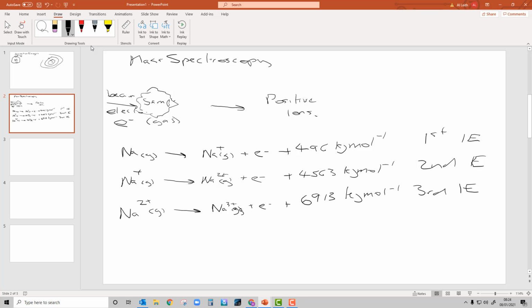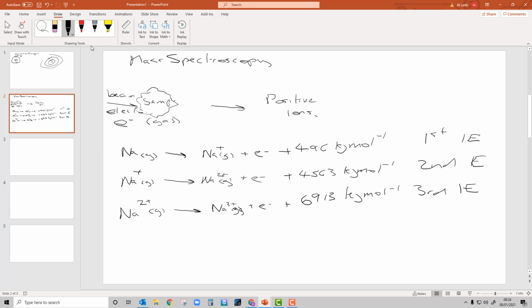And if you remember when we said that the first ionization energy is the amount of energy required to remove the first electron from 1 mole of gaseous atoms, okay, that's what the first ionization energy is. So here what we're saying is, it's taken that amount of energy to remove 1 electron from 1 mole of sodium atoms, and then it's taken that amount of energy to remove the second electron from 1 mole of sodium atoms.